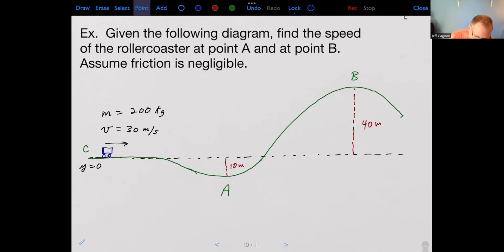Now, the only forces that are really acting on the roller coaster here are the weight, which is the gravitational force, but we know that the work done by the weight, since it's a conservative force, can be written as a change in potential energy. Okay, so that will be taken into account. The work done by the weight there will be taken into account when we talk about change in potential energy.